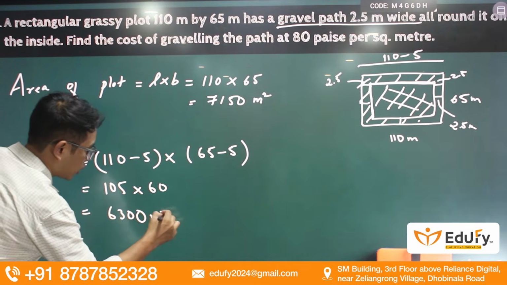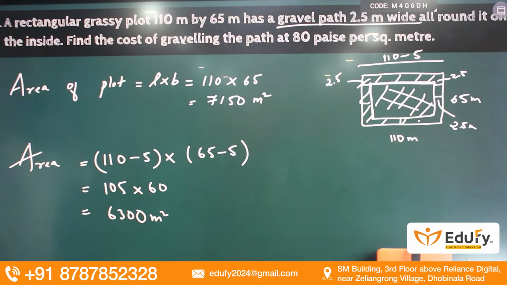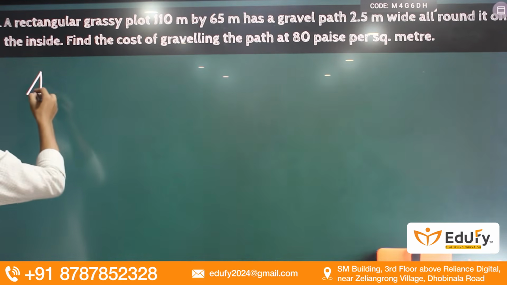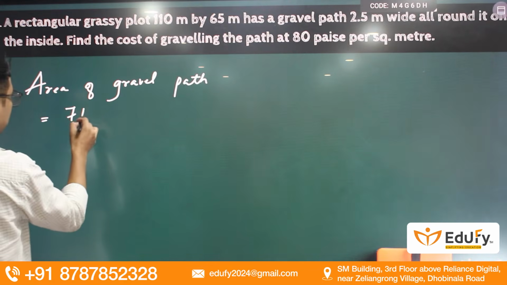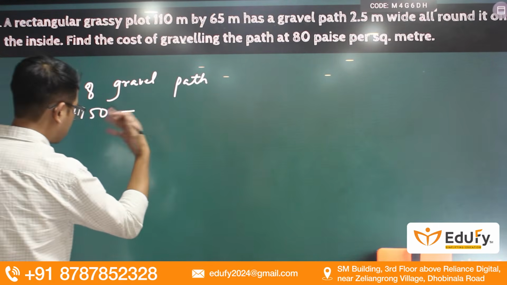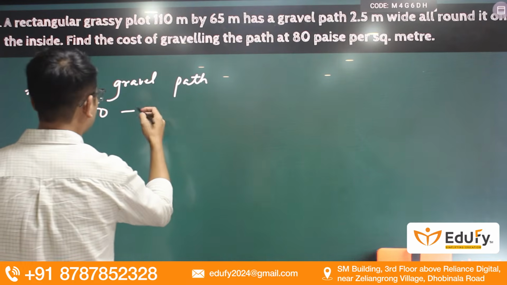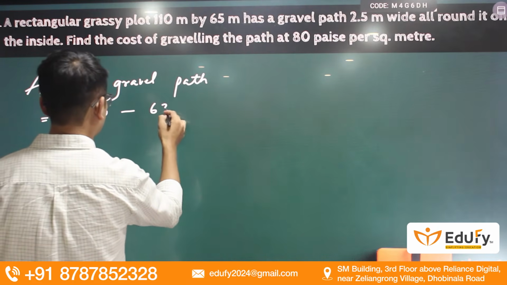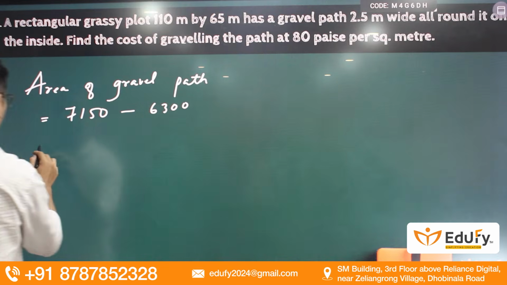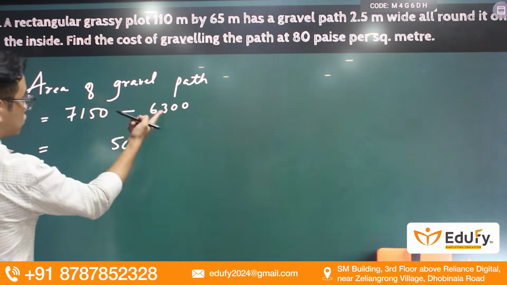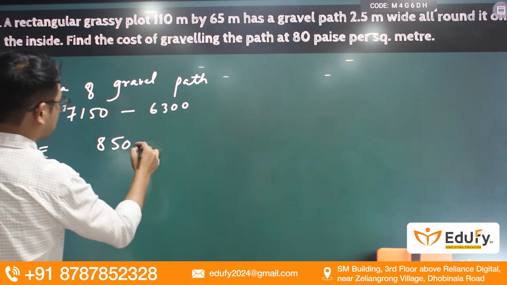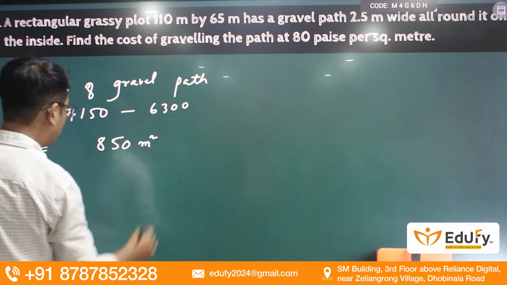So this is the area of the smaller plot. Now we find the area of the gravel path, which is the total 7150 subtracted by the area of the smaller rectangular portion, 6300. We subtract it and get 850. That means this is the area of the path.